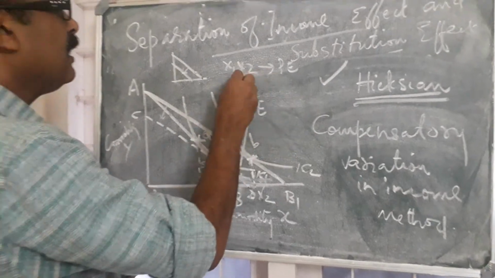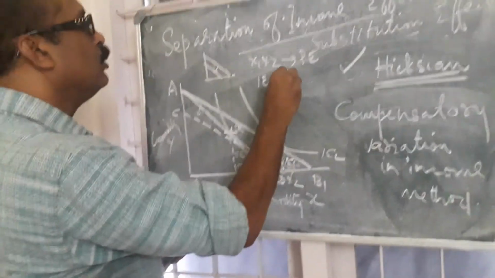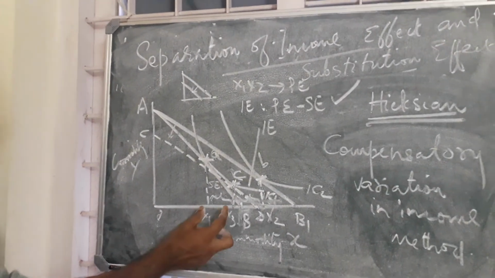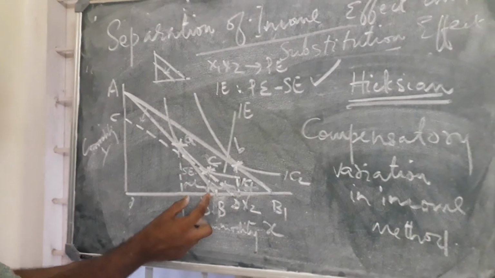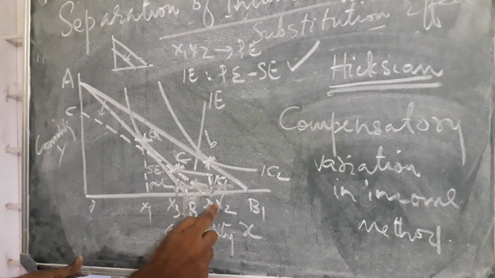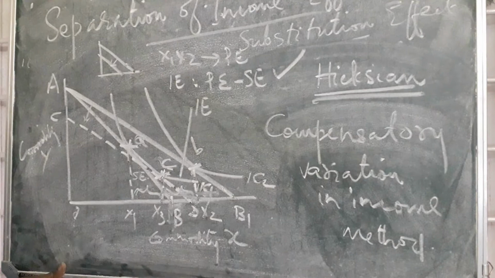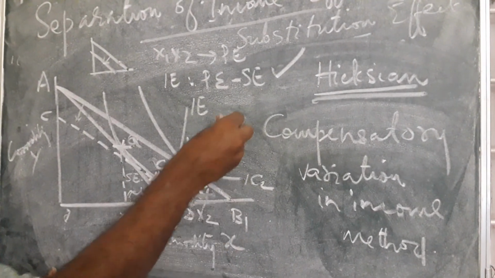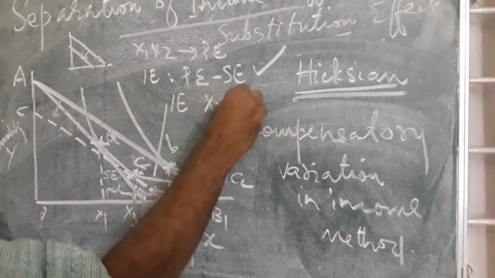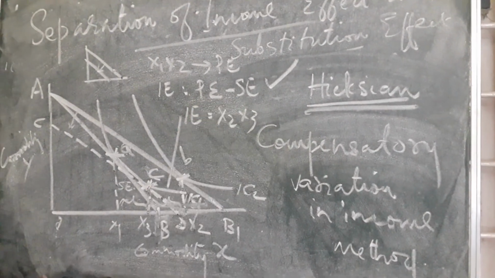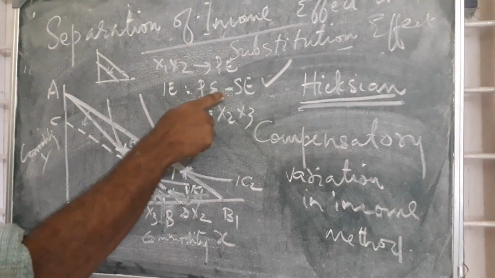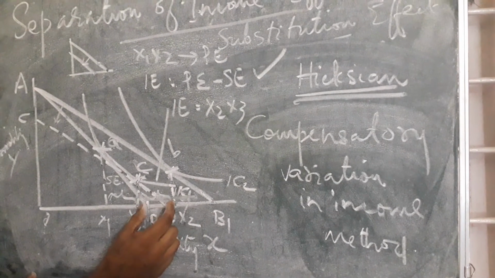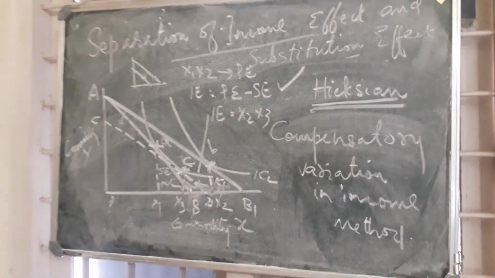Or we say income effect is equal to price effect minus substitution effect. So we first take out the substitution effect. The total price effect X1 X2 minus X1 X3, that is X2 X3, is the income effect. Income effect is the price effect minus the substitution effect, that is X2 X3 or X3 X2, this difference. This is known as the income effect.